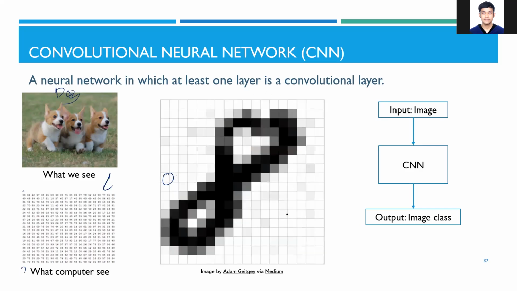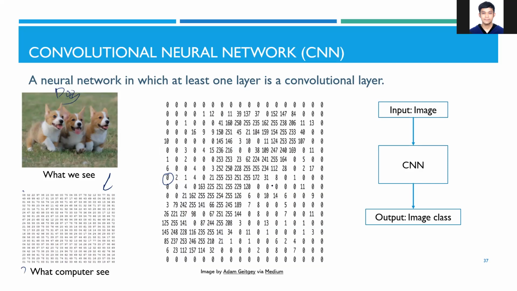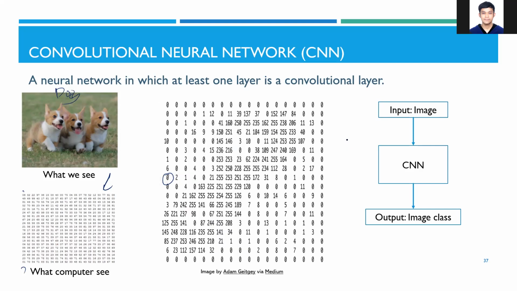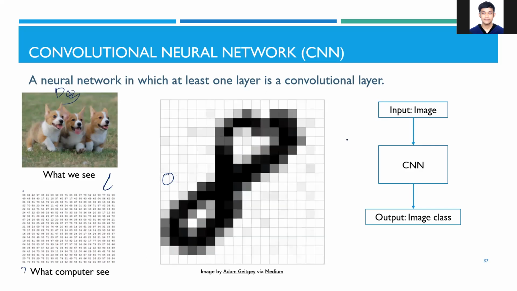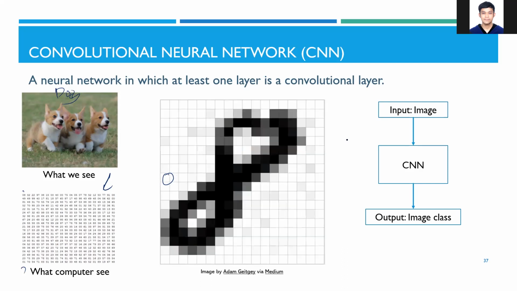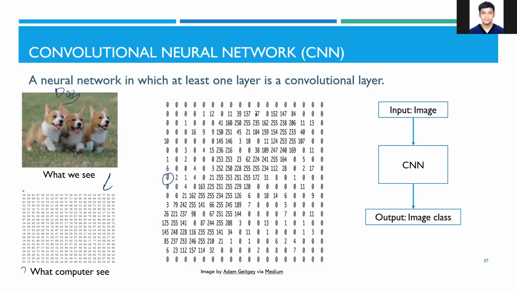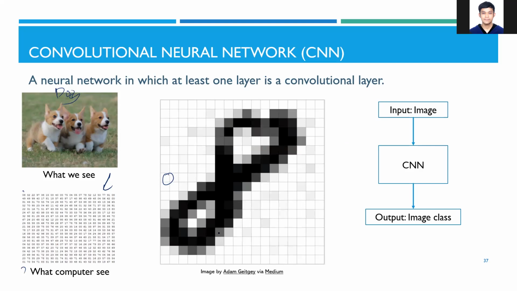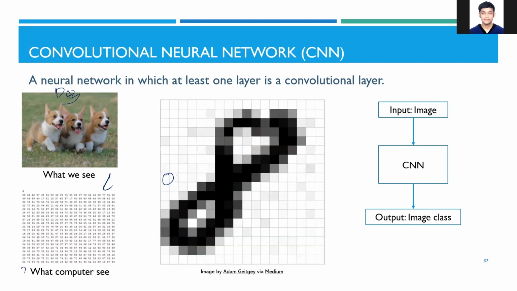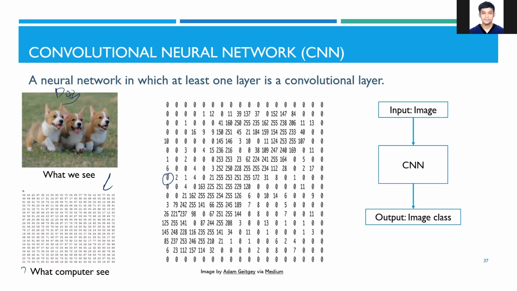Now, you can imagine the resolution of pictures is getting better and better. Even for this number 8, the resolution is very low, but the computer already needs a very big set of values like this.